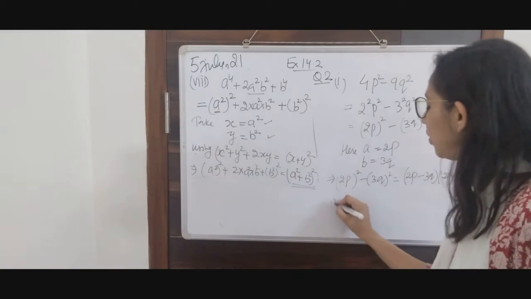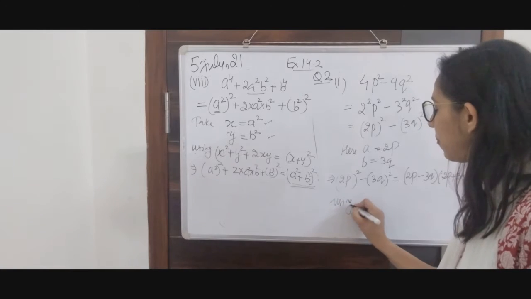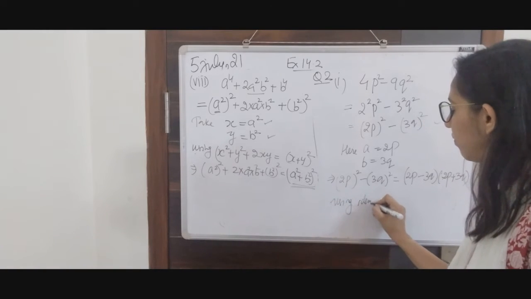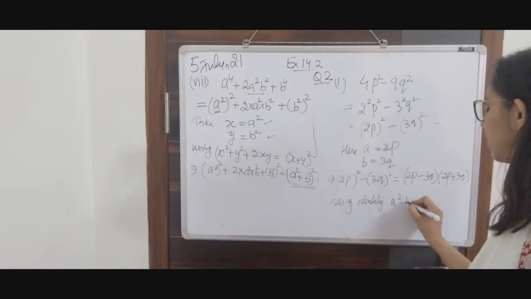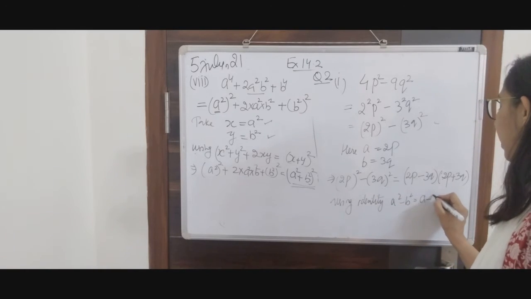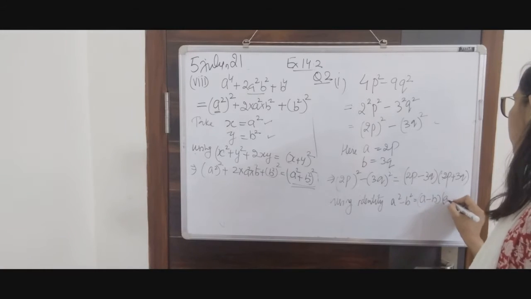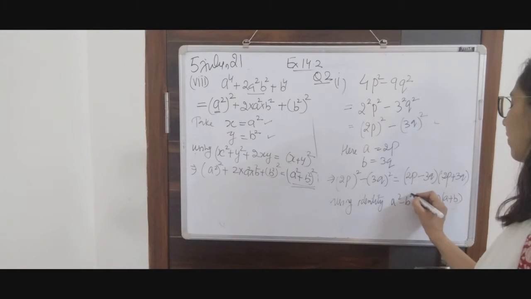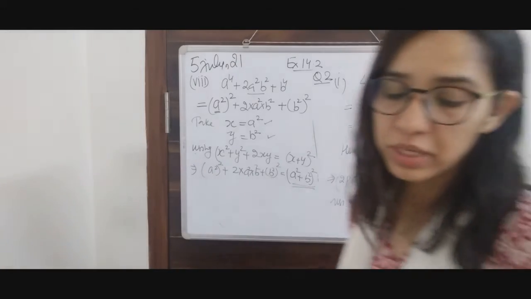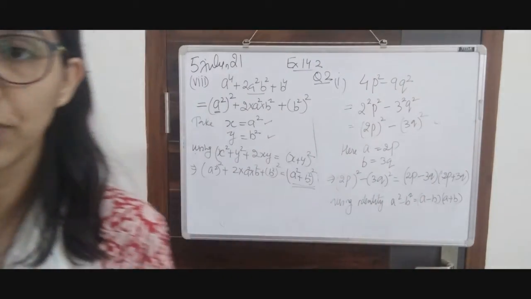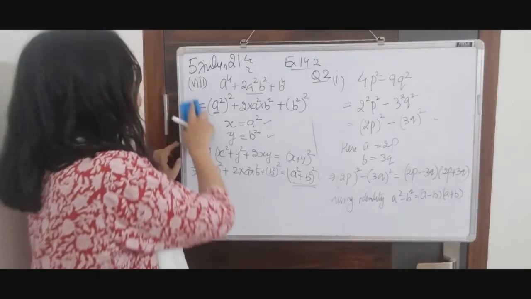What did we use? We used the identity a² minus b² is equal to (a minus b) into (a plus b). Always mention the identity you are using in your question. So next one is your second one. Now question number 2, part 2.